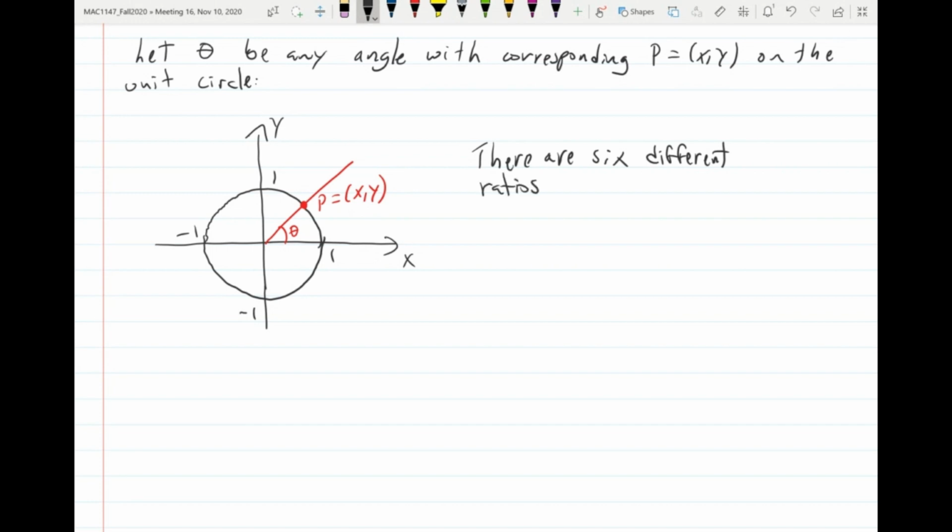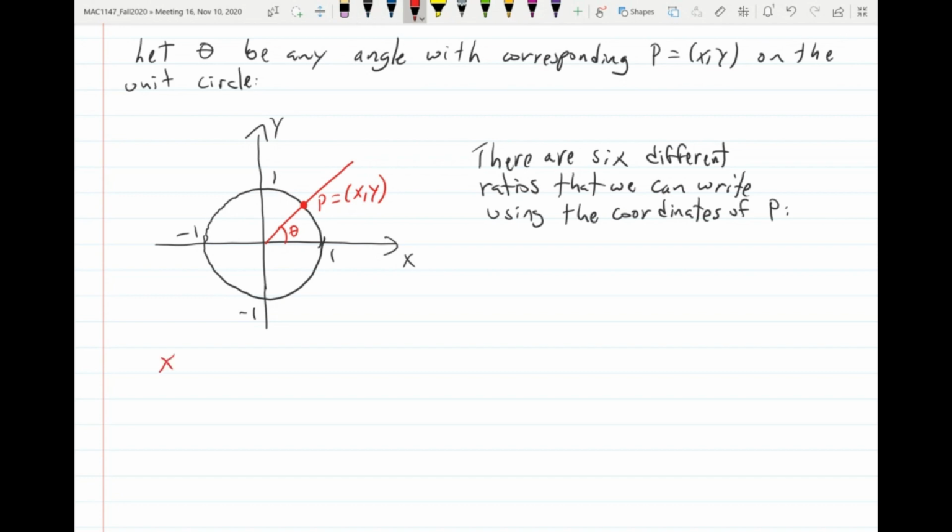In other words, we're going to start making fractions with x and y, and also the number 1. So there are six different ratios that we can write using the coordinates of P, and those ratios are the following.